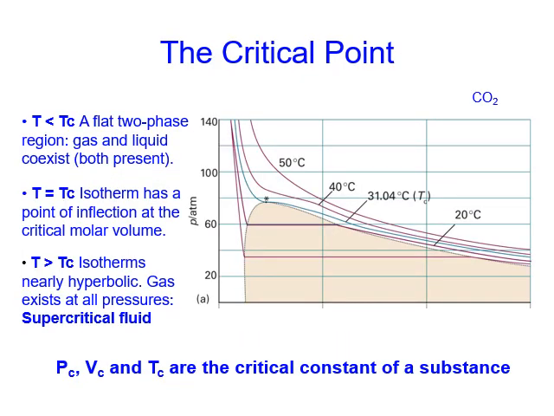In the last slide, we showed a PV curve for carbon dioxide at 25 degrees. Here we show more curves at different temperatures. At any temperature below 31 degrees, we always see two phases, for example, liquid phase and gas phase.